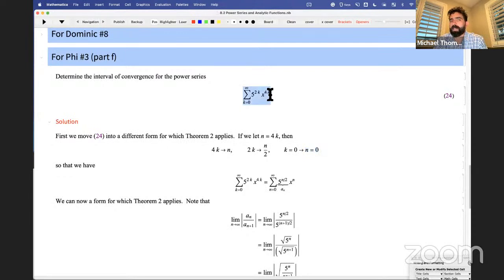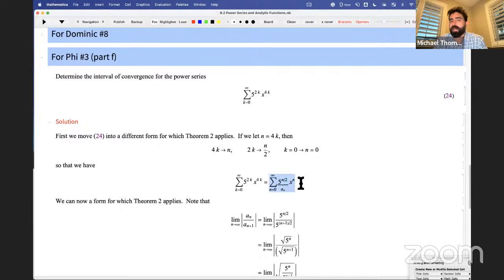So I can rewrite this power series this way. Is that okay? Yeah, we switched to n's.